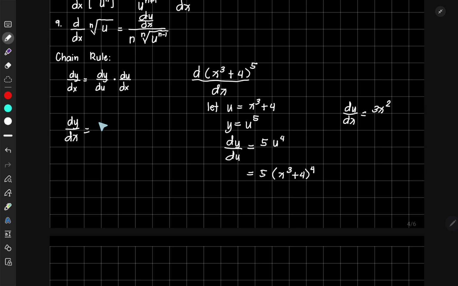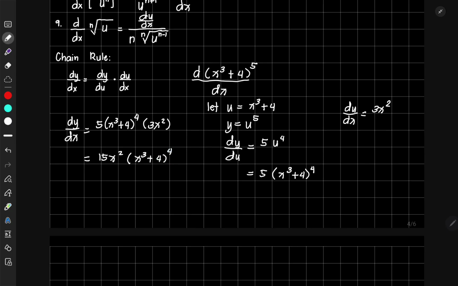So, we have 5 times x cubed plus 4 raised to 4 for our dy over du. So, multiplied by yung du over dx, which is 3x squared pala. So, we have 3x squared. So, simplifying that, we have 3 times 5 is 15 x squared multiplied by x cubed plus 4 raised to 4.